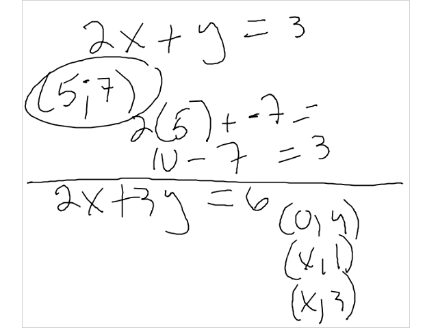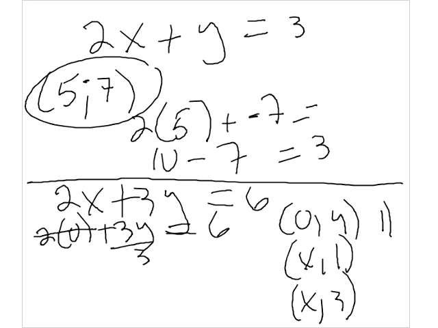So to do the first one here, I'll call this number 1. When x is equal to 0, let's see what y equals. So I let x equal 0, and 2 times 0 is 0, so it basically drops out of the equation and gives me 3y equals 6.